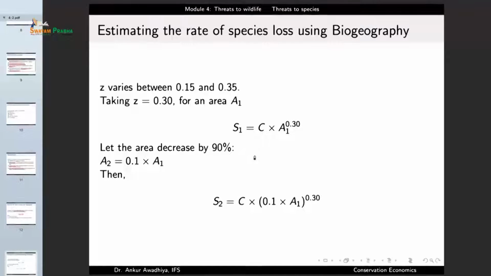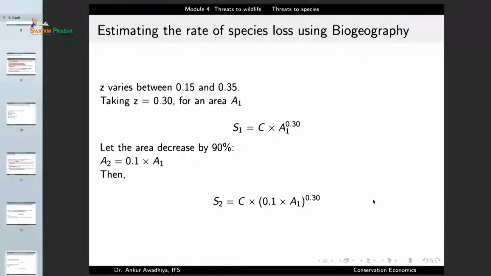Now, even if the area decreases by as much as 90%, so you only have 1/10 of the area left. Let us say that 90% of this island has been cleared off by human beings and only 10% of the area remains. Now, how many species will be able to survive in this island with 90% of the area gone?